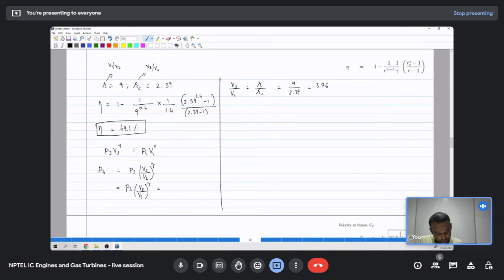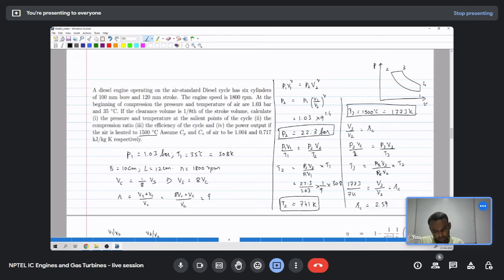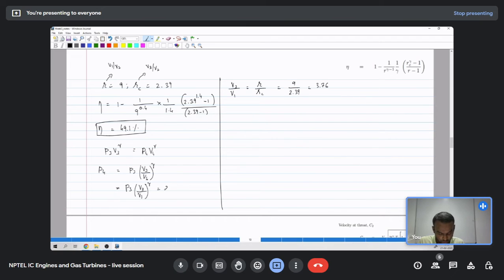Now I know the pressure at the third state, so pressure at the second state and third state are equal, which is 22.3 bar. So I will have 22.3 into this V3 by V1, which is 3.76 power gamma. I think this would be V1 by V3, right?